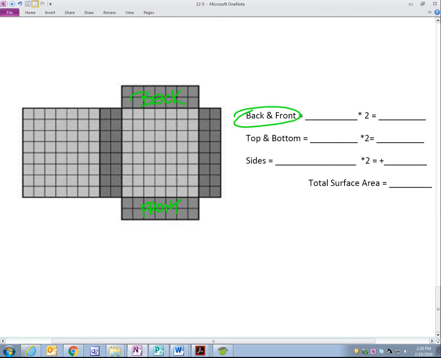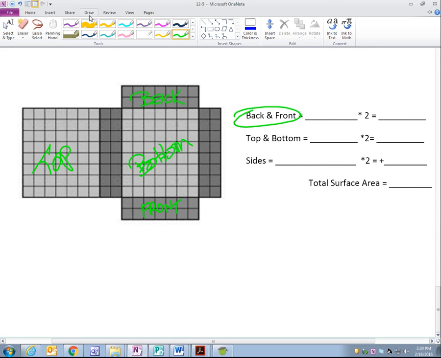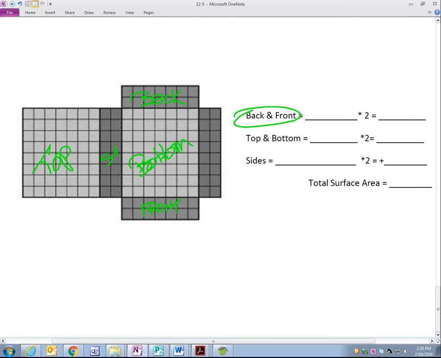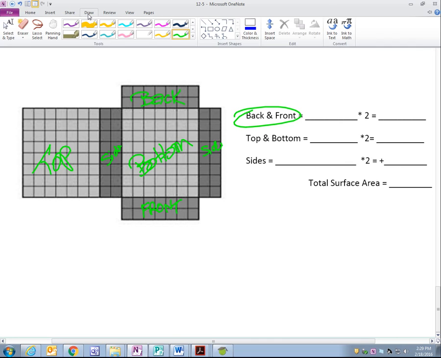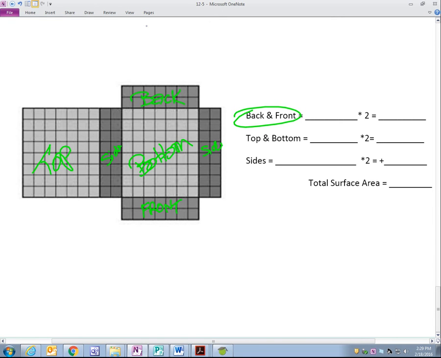So there's my back, there's my front. I'm going to say bottom, top, and that would leave these to be side. And rather than adding everything together twice, we can just multiply it.